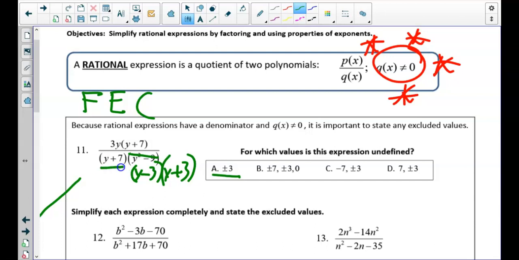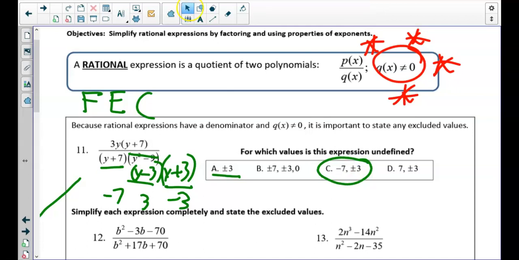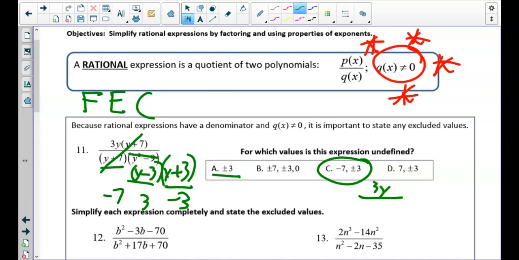So you're going to set this equal to 0 and get negative 7. This equal to 0 and get 3. This equal to 0 and get negative 3. So what are my choices here? I want plus or minus 3 and negative 7. Then, after I state the excluded values, I cancel. Okay, which would lead me to my final answer being 3y over y minus 3, y plus 3.